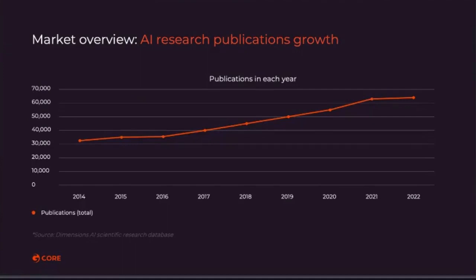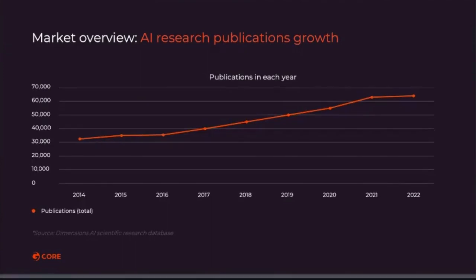And you can see that AI research publications also grow significantly, and more researchers take on projects where they enable ML in R&D projects or in specific potential future science projects as well.